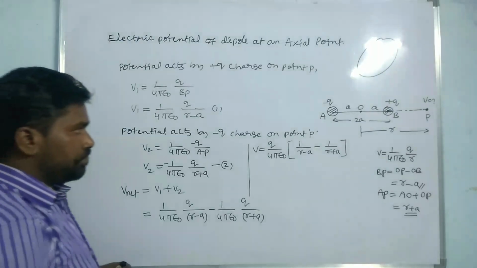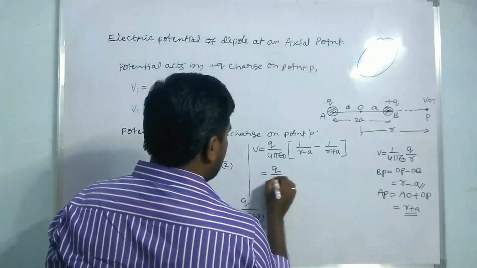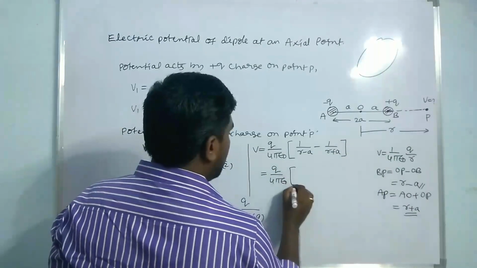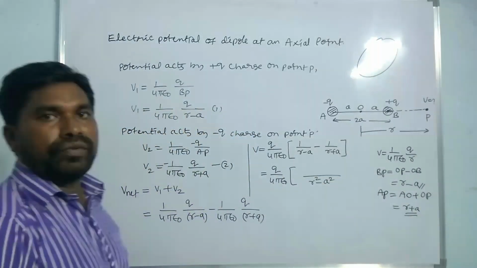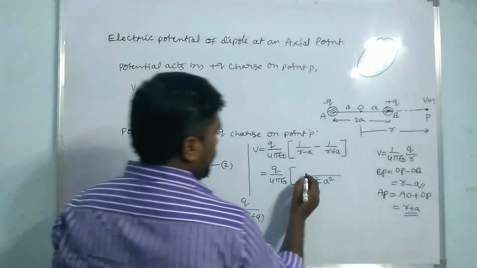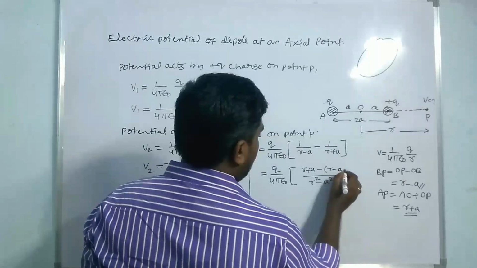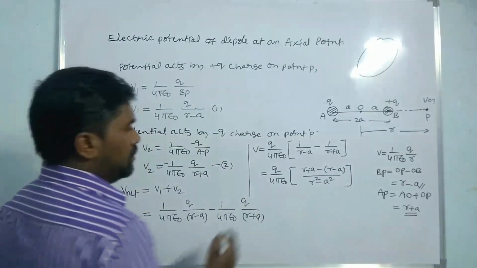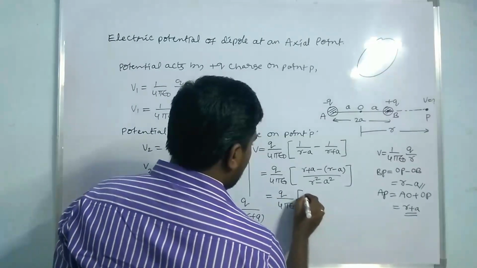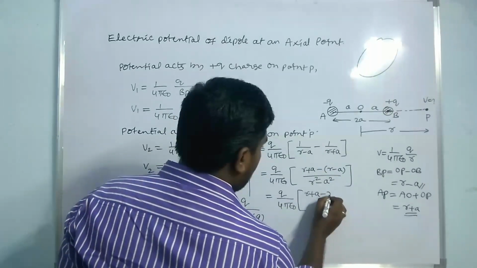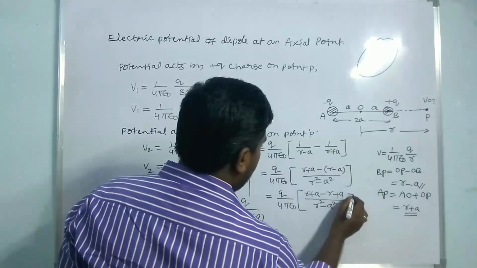Let us write here. A plus B into A minus B is equal to A square minus B square. Here that is equal to R plus A minus of R minus A. And it is equal to Q by 4 pi epsilon naught times R plus A minus R plus A by R square minus A square here.